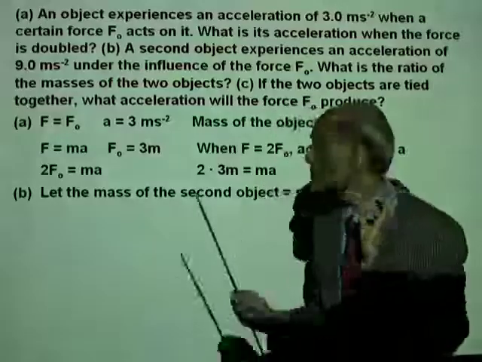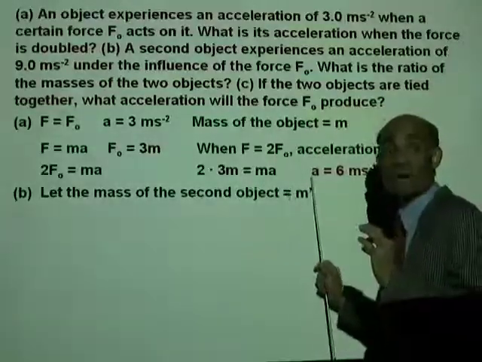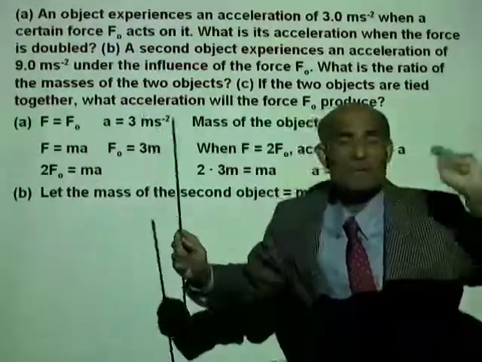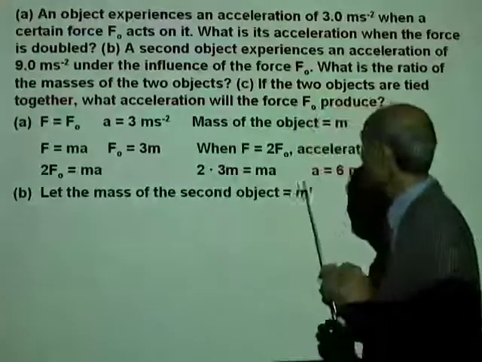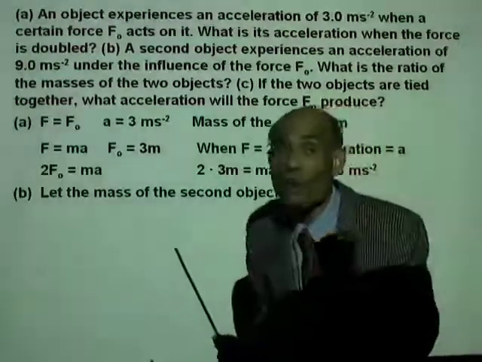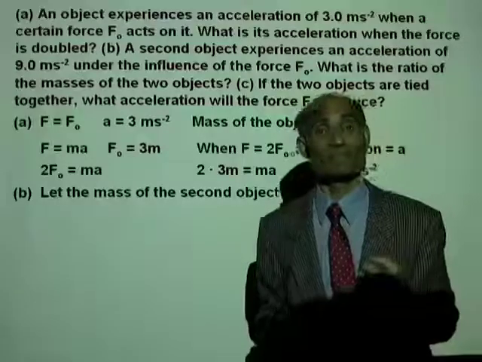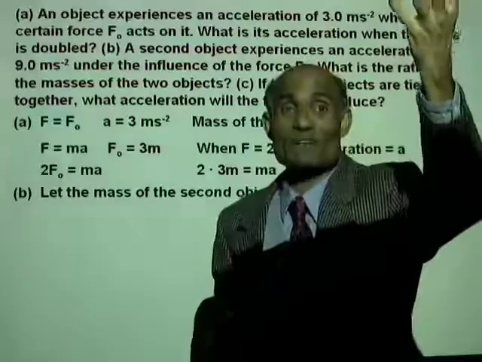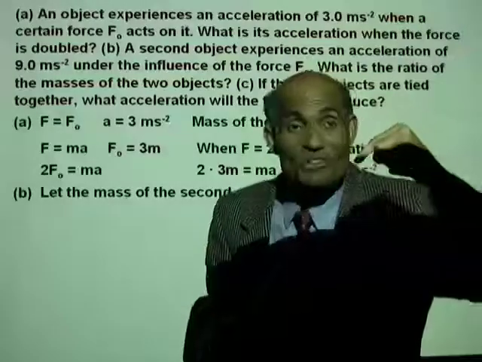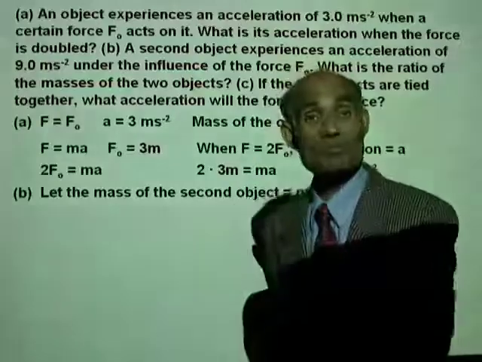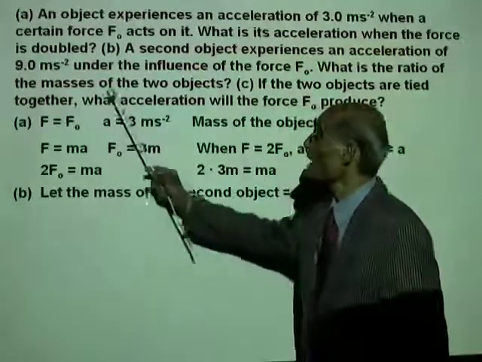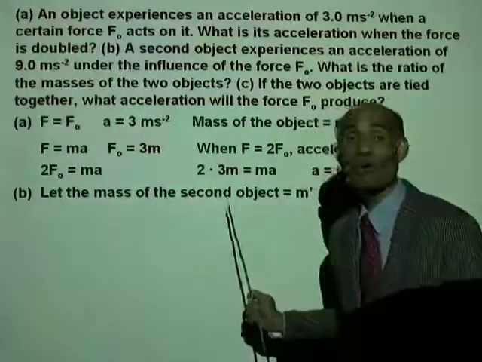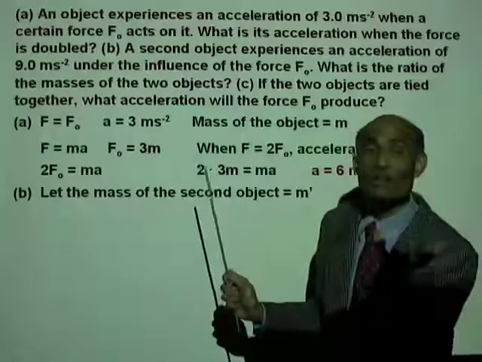The same force acting on a different mass produces what kind of acceleration? 3 times the acceleration. So tell me, is this m prime smaller or bigger than m? If the same force has to produce a bigger acceleration, then that mass has to be smaller. How much smaller? If the acceleration has to be how many times? The acceleration has to become 3 times. Therefore, the mass is 1/3 of the original mass.